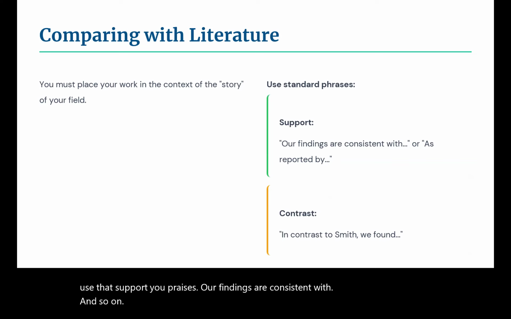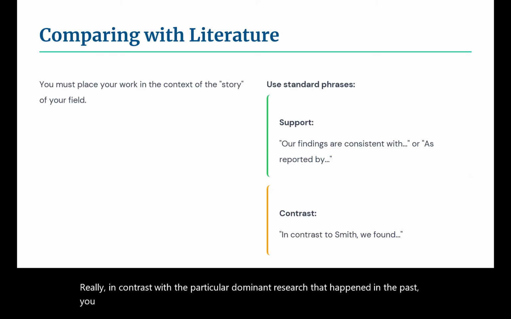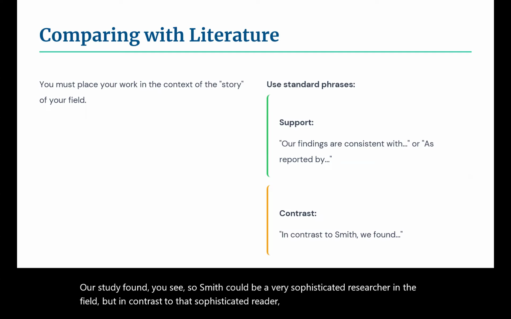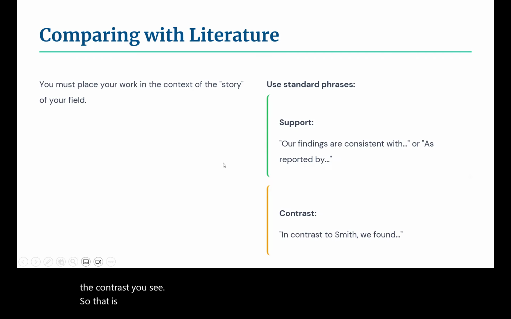And if they are really in contrast with a particular dominant piece of research from the past, you can say, in contrast to Smith, our study found, you see. Smith could be a very sophisticated researcher in the field, but in contrast to that sophisticated researcher, you put your data, your harvest, in contrast. So that is how you refer back to literature.